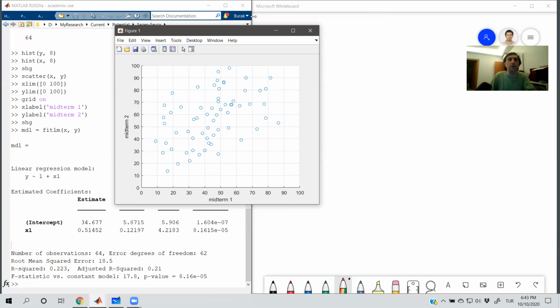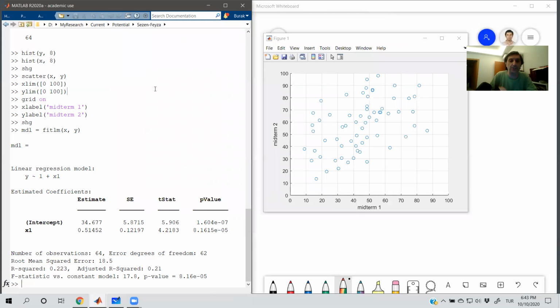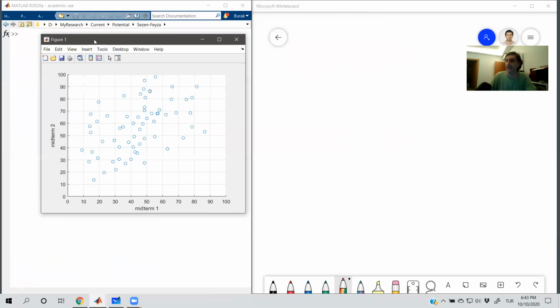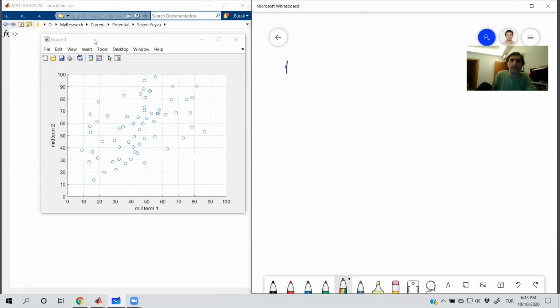Anyway, what I'm going to do is determine the correlation coefficient here, and in order to do that, I'm going to use this very simple formulation. So R is equal to the sum of (xi minus x bar) times (yi minus y bar), divided by the square root of the sum of squared (xi minus x bar) times the sum of squared (yi minus y bar).